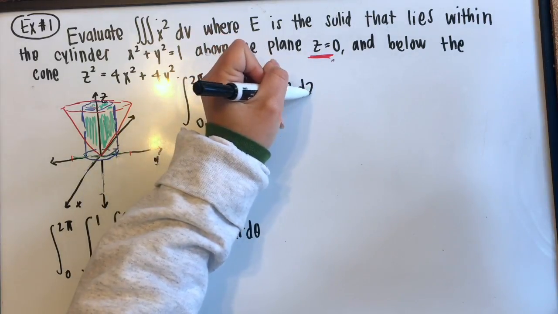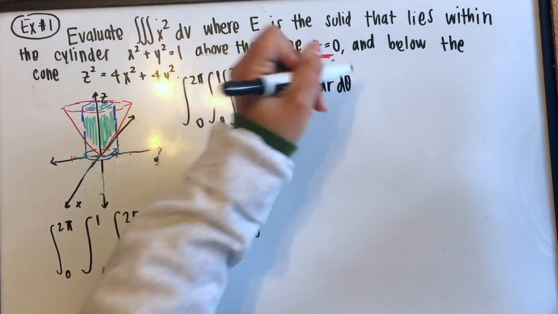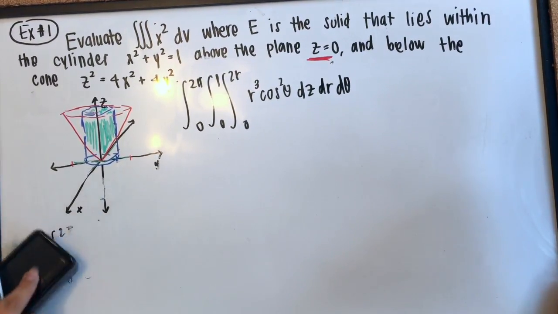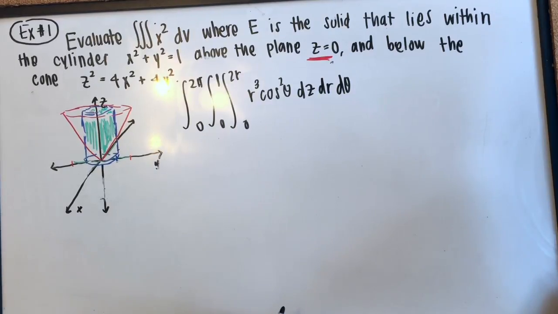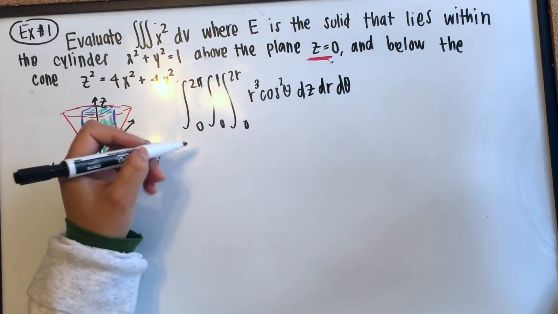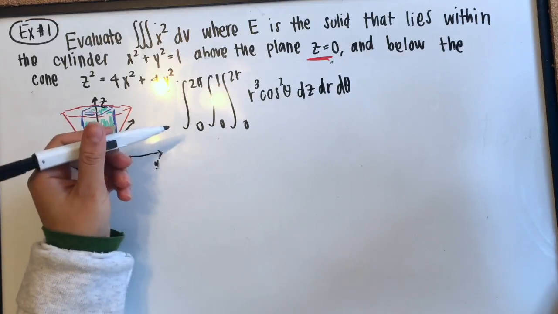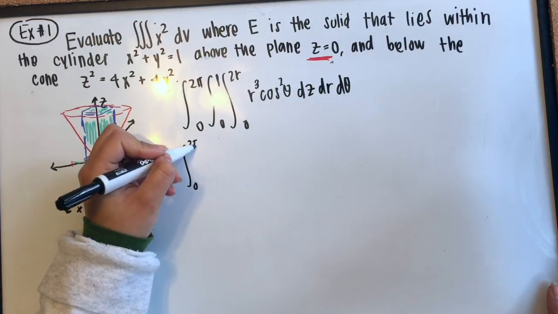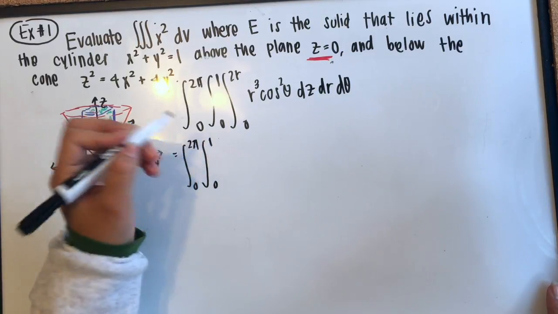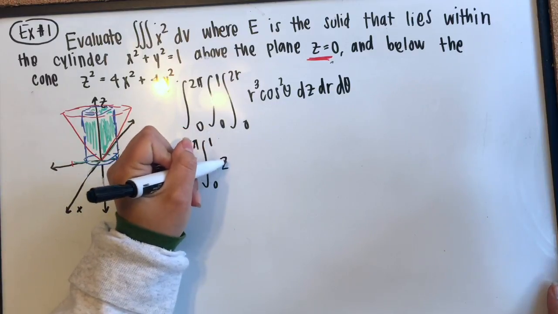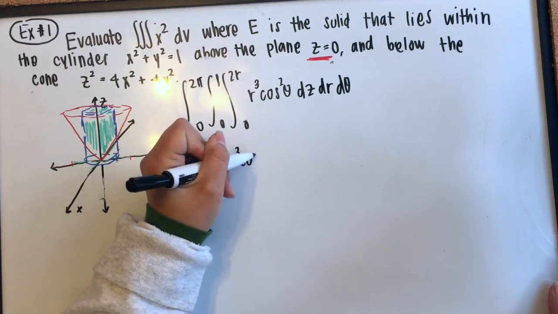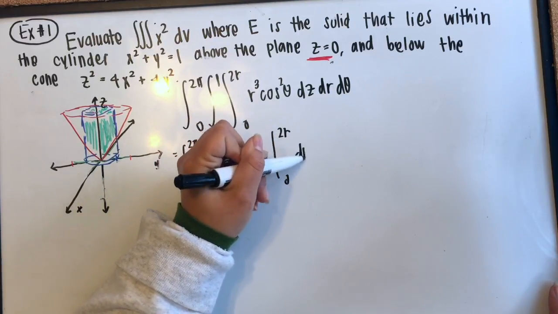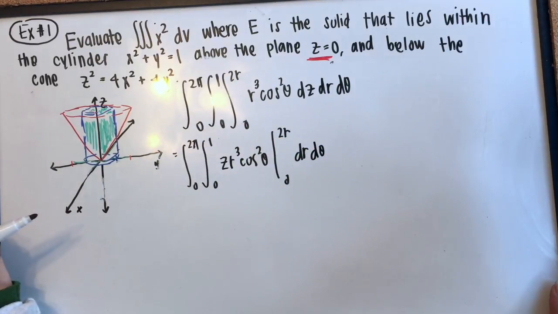Cosine squared dz dr d theta. So now that we wrote it there, let's first integrate with respect to z. Integrating that, we would get from 0 to pi, 0 to 1, z r cubed cosine squared, 0 to pi, dr d theta.